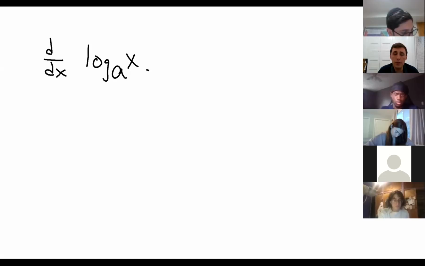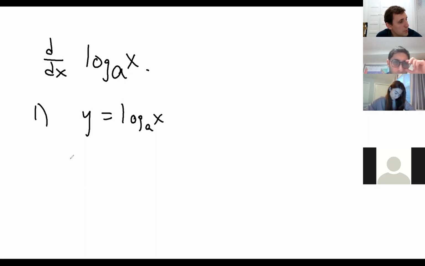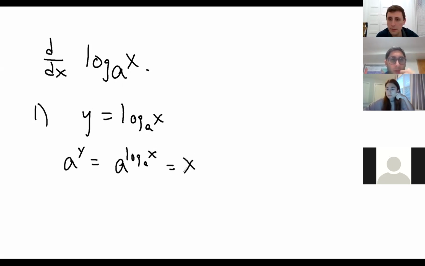There are two ways of doing this question, guys. Here is one way. I can say y equals log base a of x, which means a to the power of y, which is a to the log base a of x, is x. Agreed?